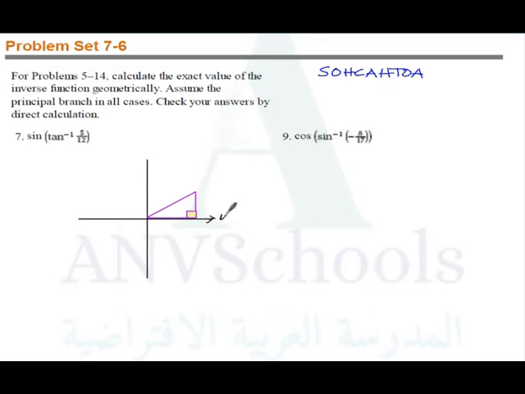This is u, this is v. This is 5, this is 12, so this must be 13. Use the Pythagorean rule to find this side.